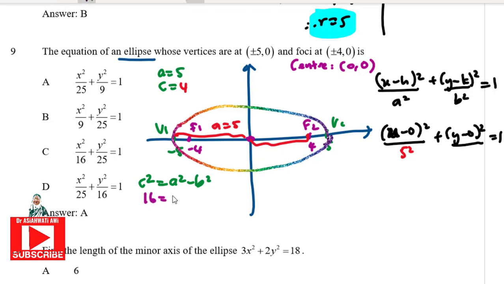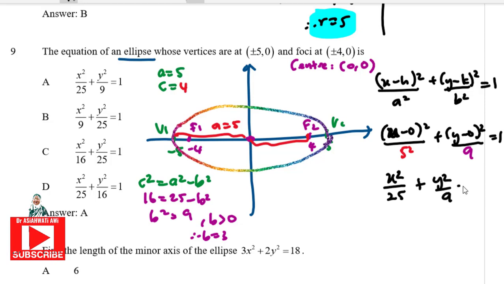So c squared is 16, equal to 25 minus b squared. b squared is equal to 9 and b is positive, therefore b is equal to 3. Or just say that b squared is equal to 9. Then the answer simplifies to x squared over 25 plus y squared over 9 is equal to 1. The answer is A.